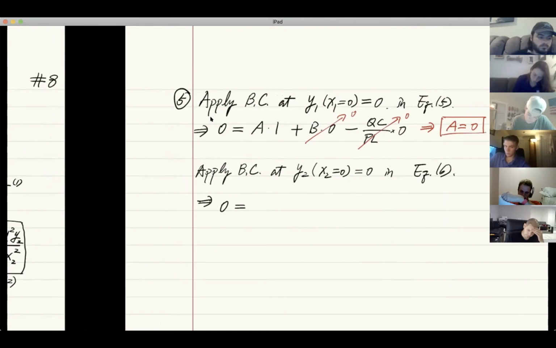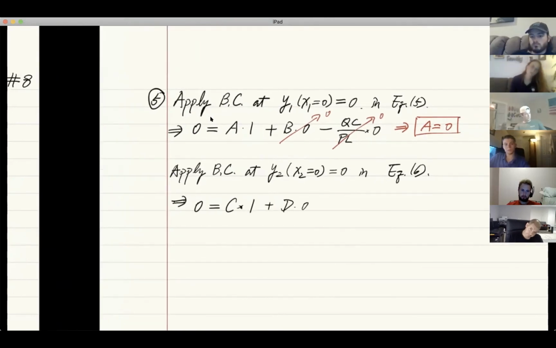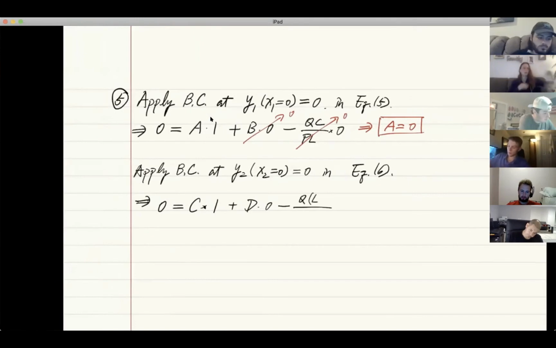Now you have C times 1 plus D times 0, and minus QL minus C over P over L times 0.